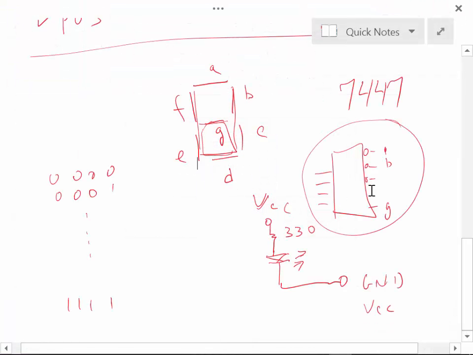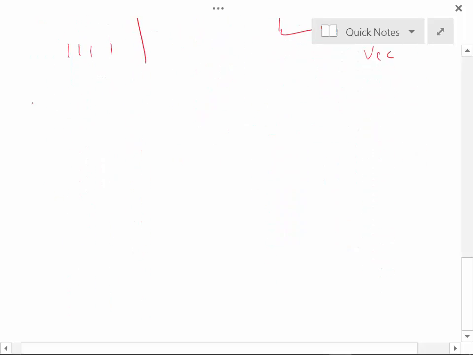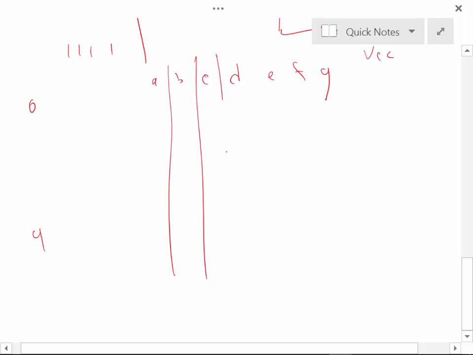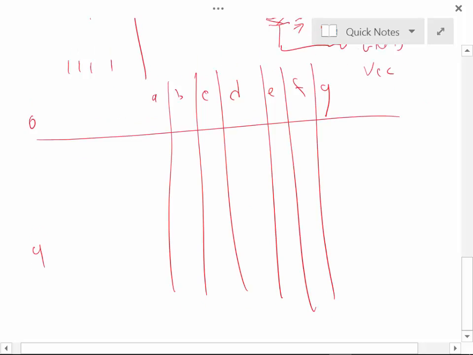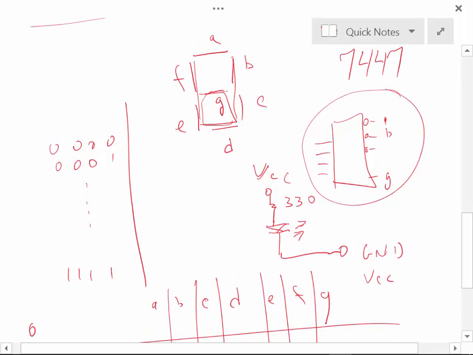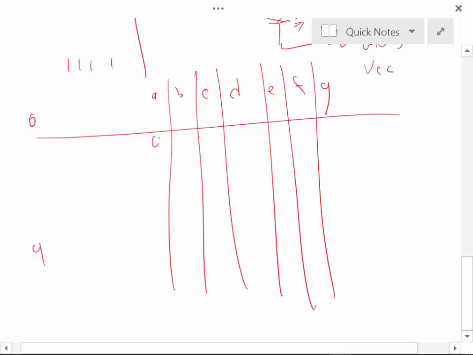If you look at that particular device, if we go 0 to 9, for example, and you look at your displays, A through G, you would have a truth table for each one of these. So, for example, for 0, A, B, C, D, E, and F would be on, G would be off. So 0, 0, 0, 0, 0, 0, 1, because remember, 0 turns it on.